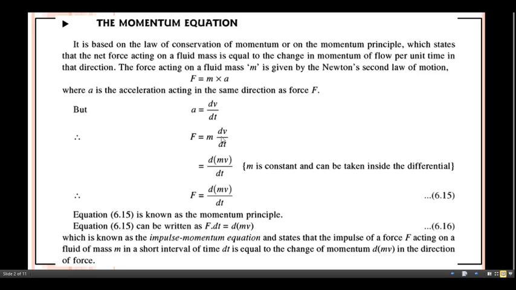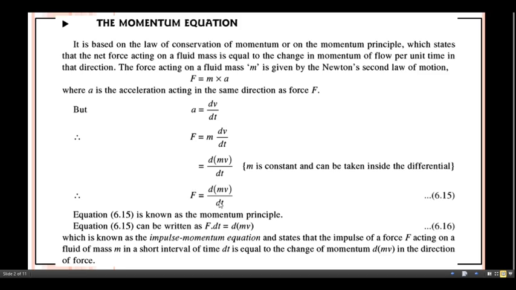So we'll just take this m inside the differentiation sign. In this way you get the relation for F as d/dt of mv. This equation is known as the principle of momentum.